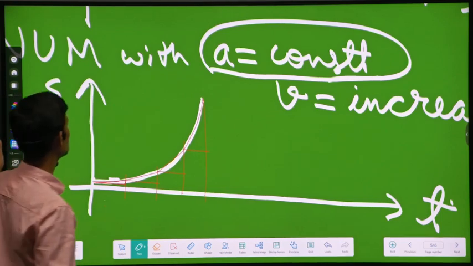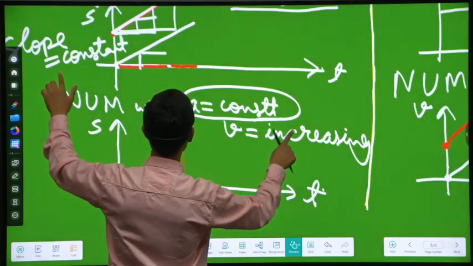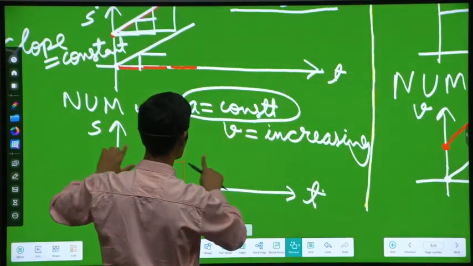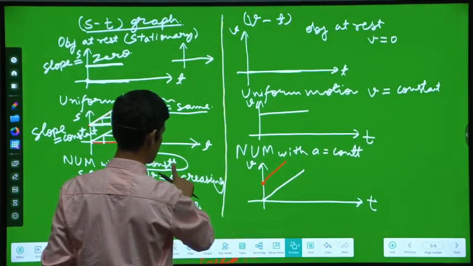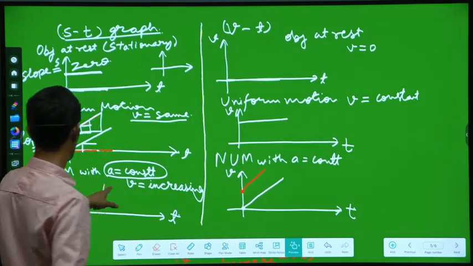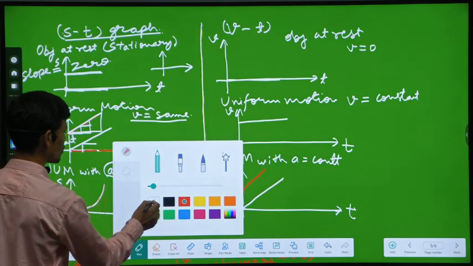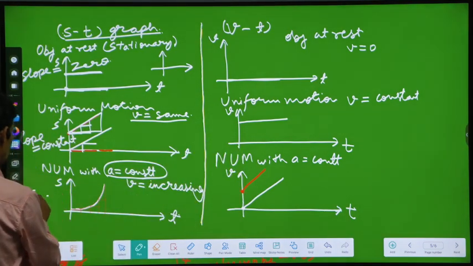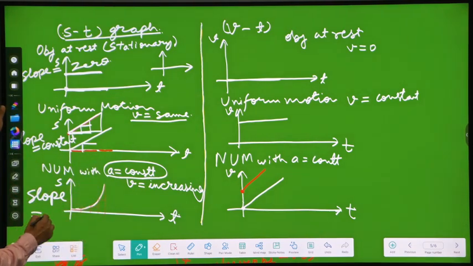The slope of the ST graph is increasing, which means velocity is increasing. I am not writing it in full, but you need to write it in full so that you do not get confused.